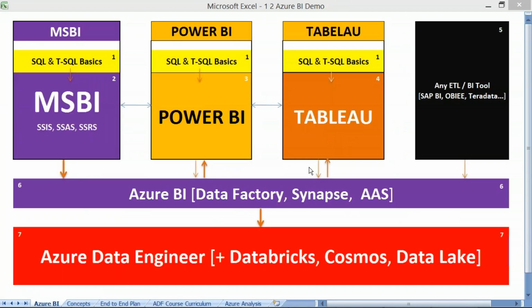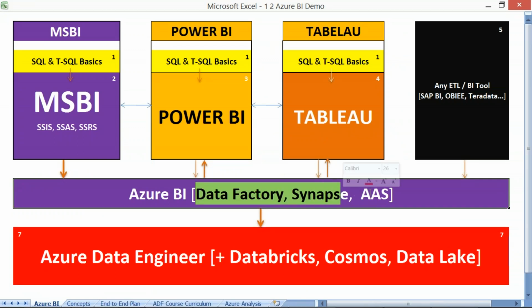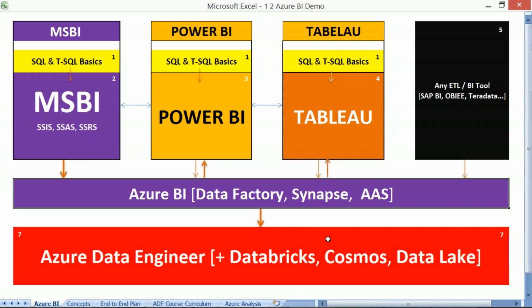Whether it is only Azure Data Factory with Synapse and analysis, or the complete course for your DP 200 201 certification, we require one thing: SQL, T-SQL. Any SQL is okay, but it's good to have some basics on SQL Server also.